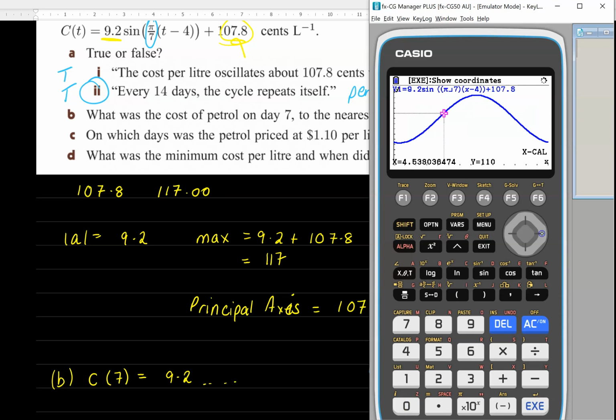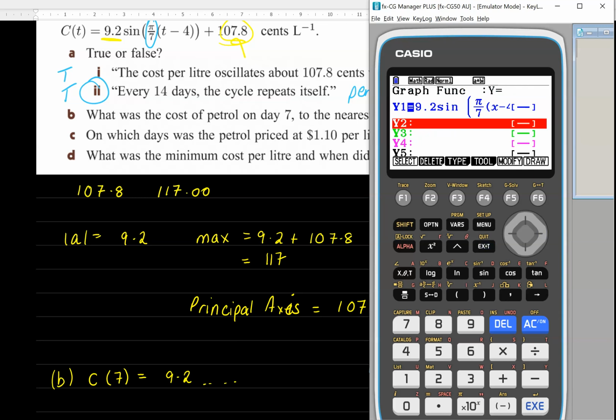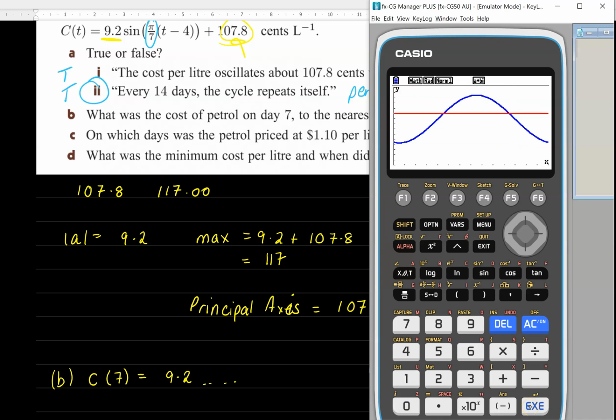We can get our next one by using our arrow key to push across. Again, my favorite would be pop it in as another line, and then you can just go G-Solve, intersect. So same values. So that would be on day 4.5, and 10.46.